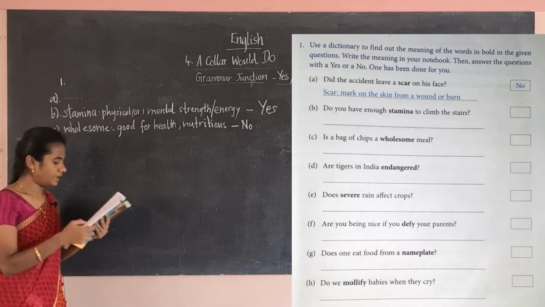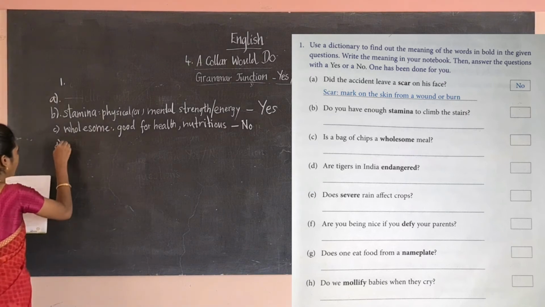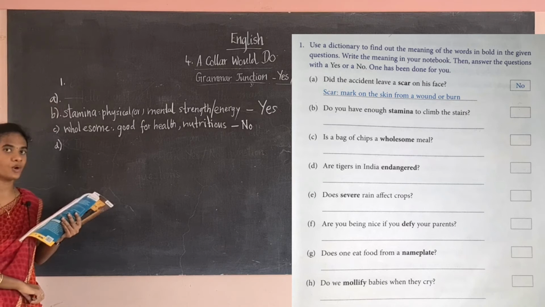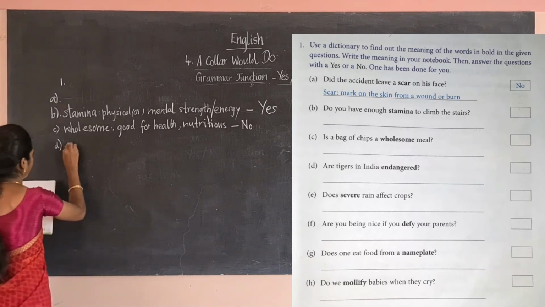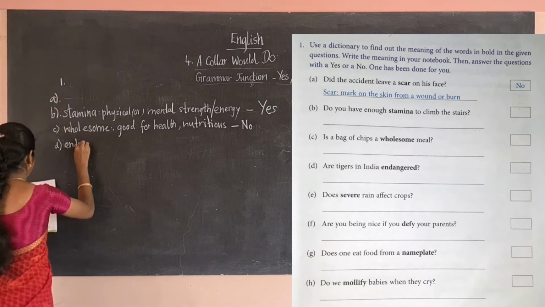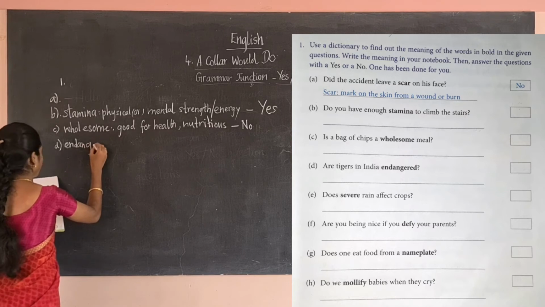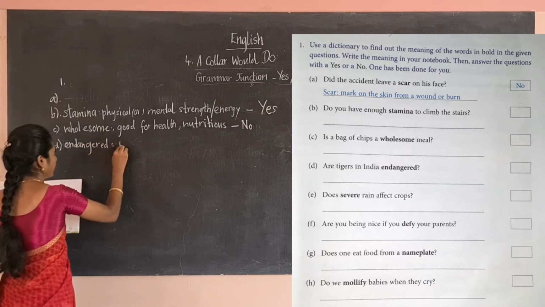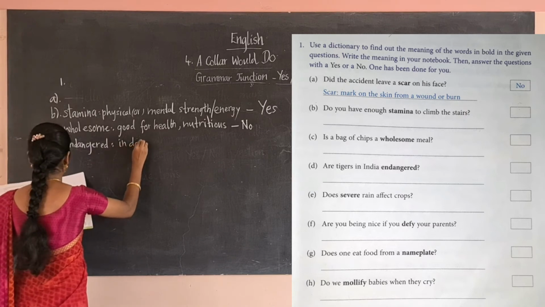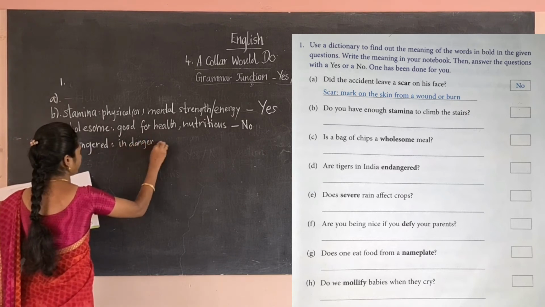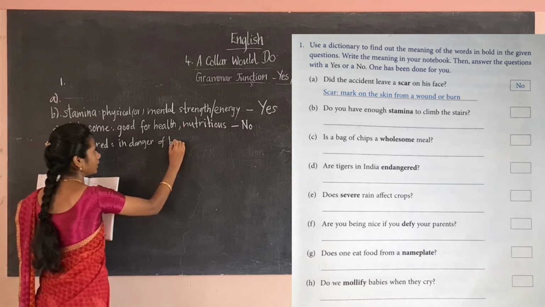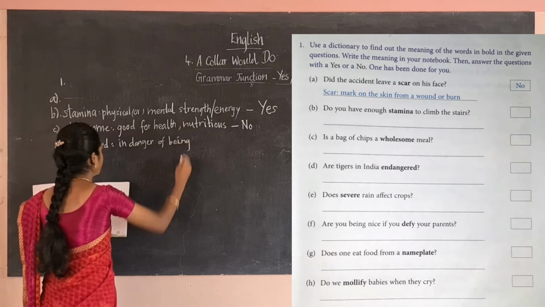Okay, then D, endangered. Here, tigers in India are endangered. The bold word is endangered. Endangered means what?